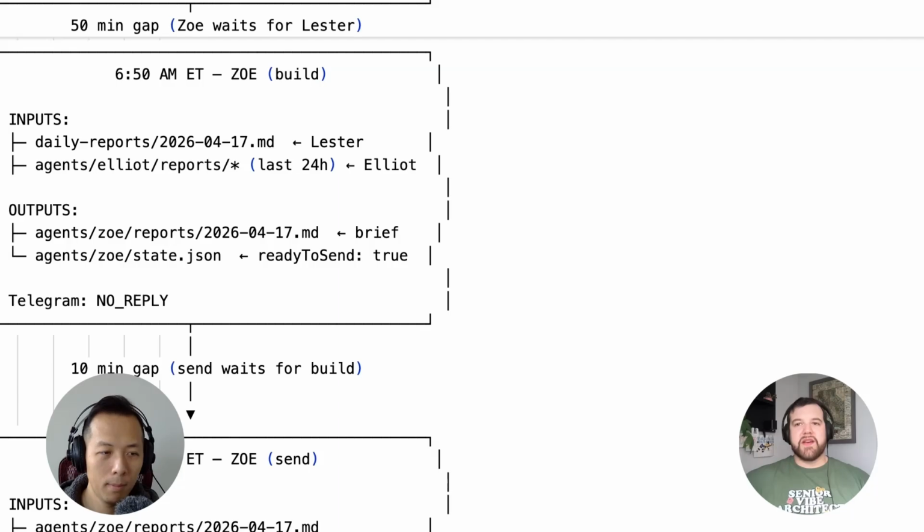And this is really important because otherwise what was happening was Zoe would just send me her report that she built, and then she would send me another message with her Telegram message structure. So the state file basically flips from ready to send to not ready to send, or Telegram no reply. So if Telegram says no reply, then the main agent, whose name is Leo, does not send her message.